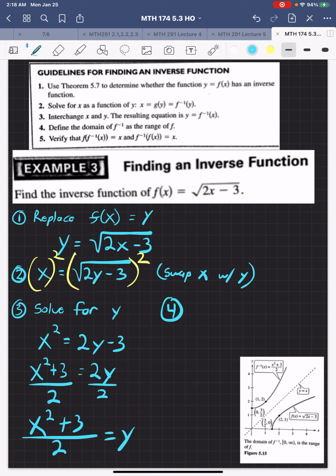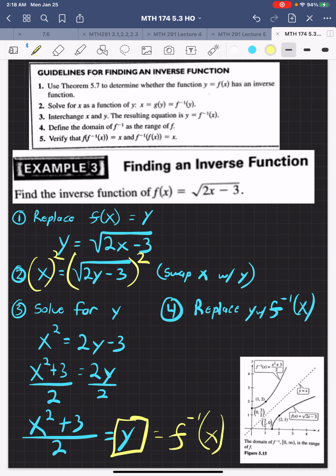So we want to replace the y, now not with f, because this is not f. This is now f inverse, so replace y with f inverse. All right, so let's get rid of this notation, and you want to write your inverse notation. Okay, so those 4 steps are the way that you would find the inverse.